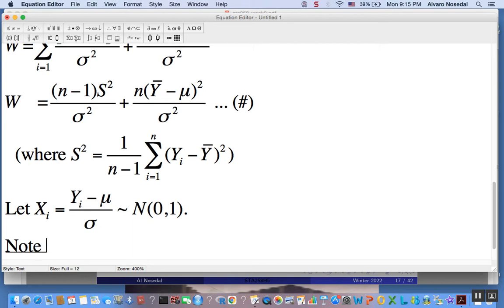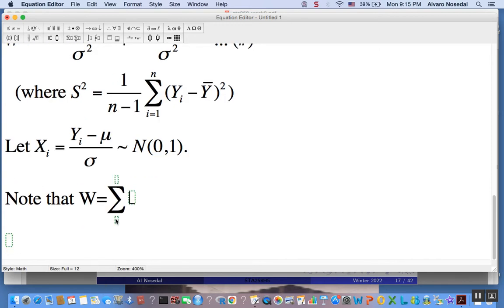So note that W is going to be the sum of those xi's squared.